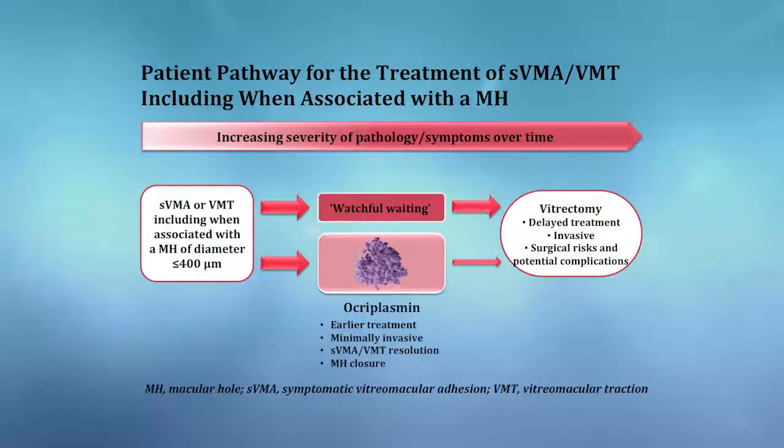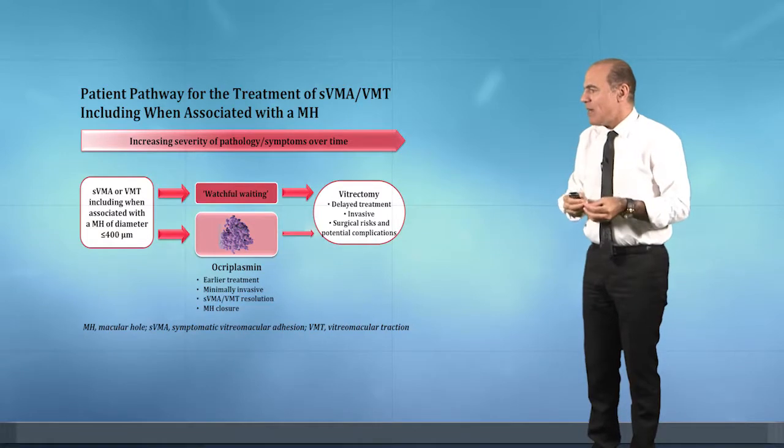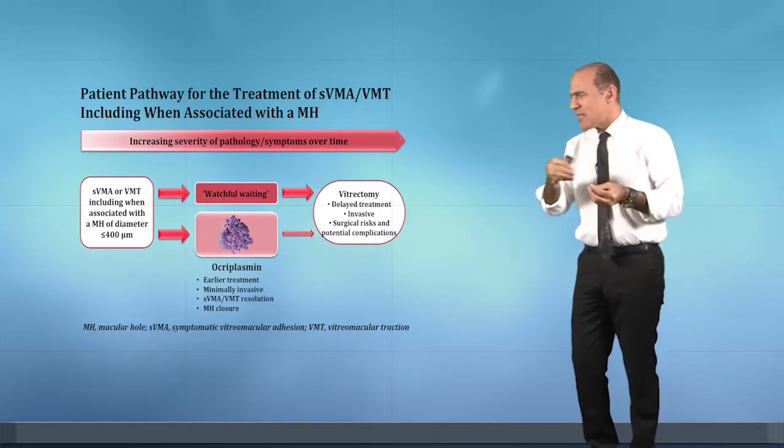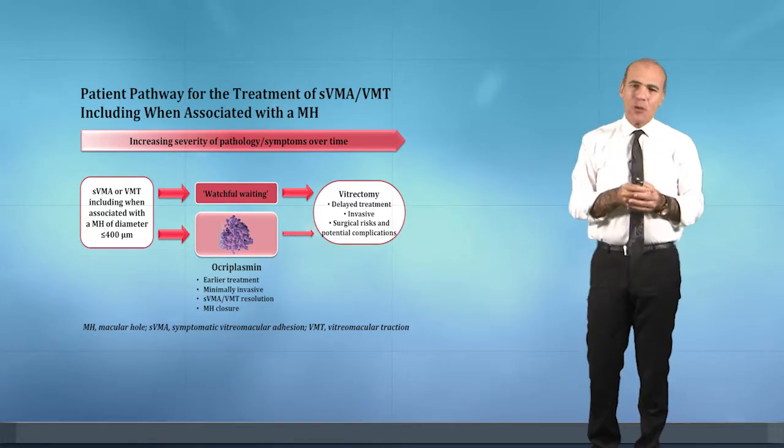Nowadays, there is another option in the treatment plan, which is pharmacological vitreolysis. We use it instead of just watching and going for vitrectomy. In the middle, there is a place for pharmacologic vitreolysis with ocriplasmin, which is an earlier, minimally invasive treatment, and it relieves the vitreomacular traction and can lead to macular hole closure.